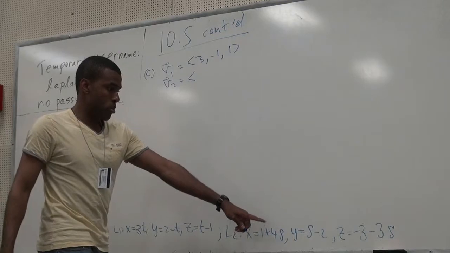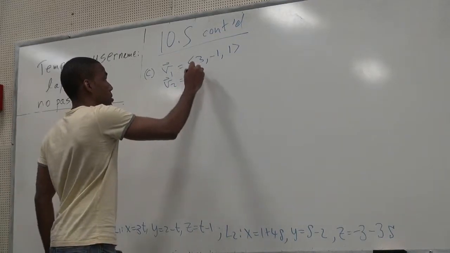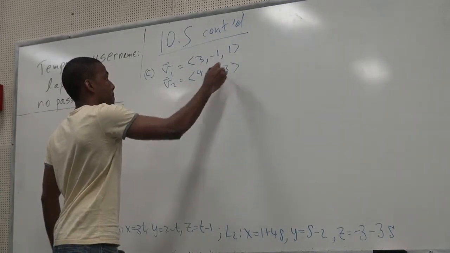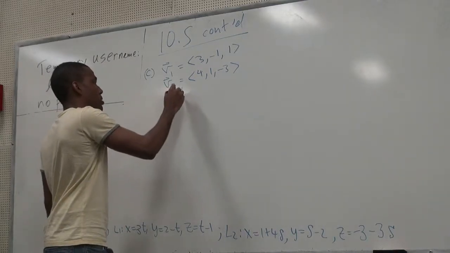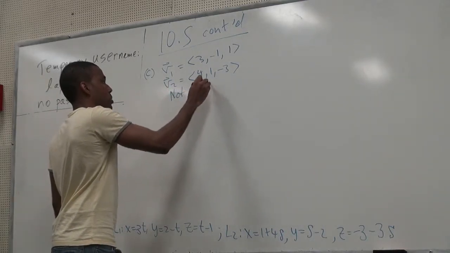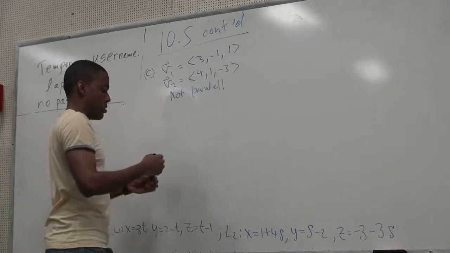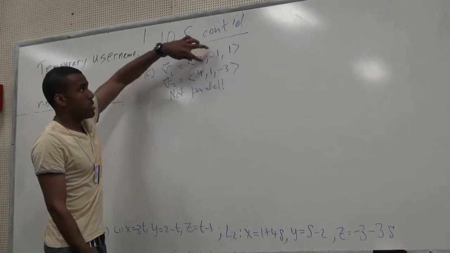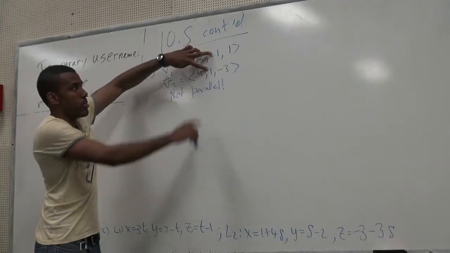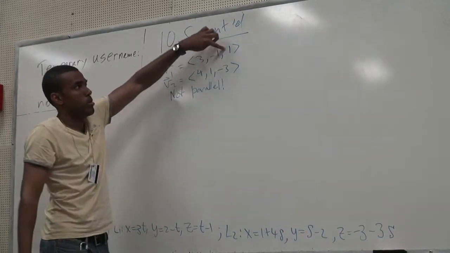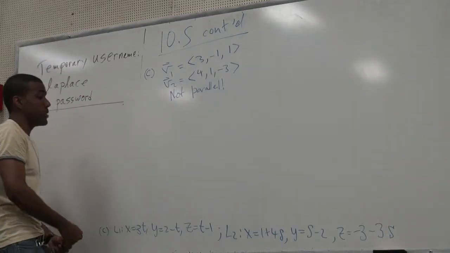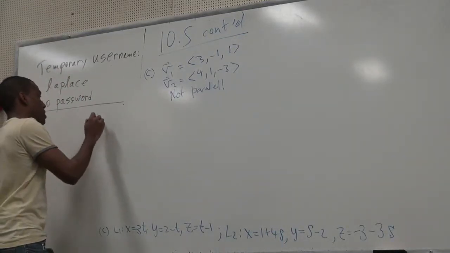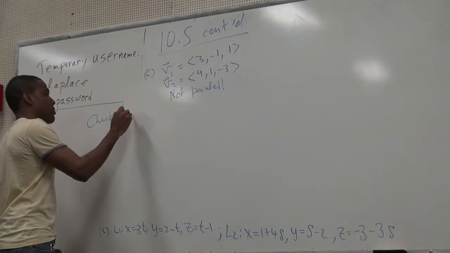V2 is (4, 1, -3). Not parallel, right? How do I know? Well, to make the middle ones coincide, I'd have to multiply by negative 1, but if I multiply by the negative, I don't get the other numbers. So it's not parallel. Check for intersection.